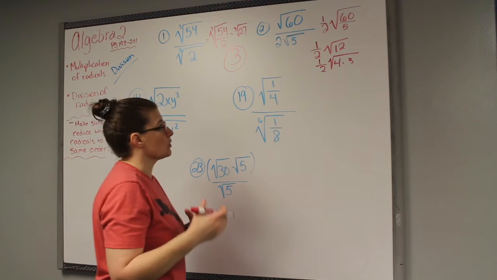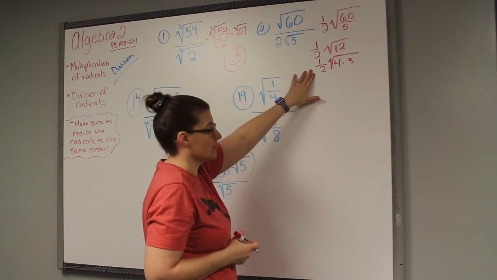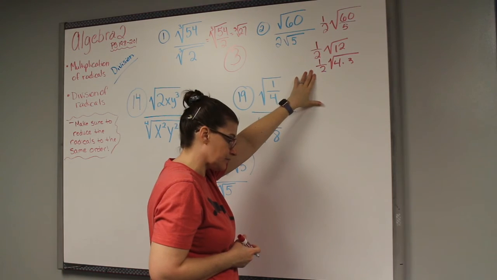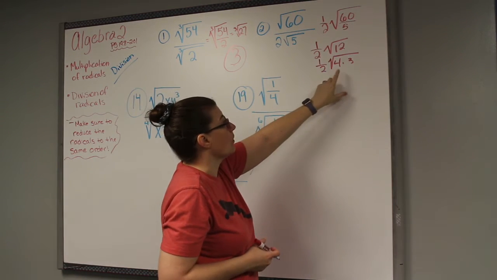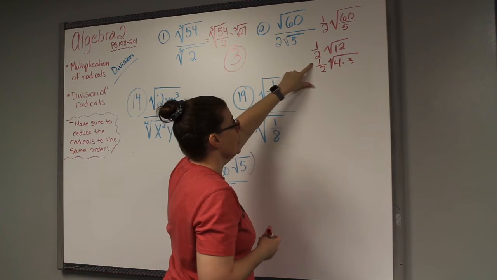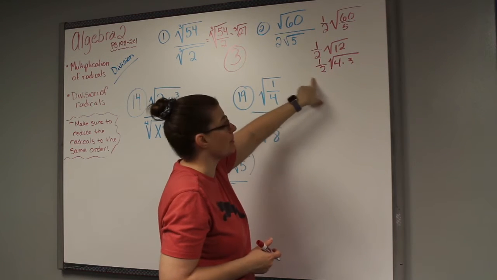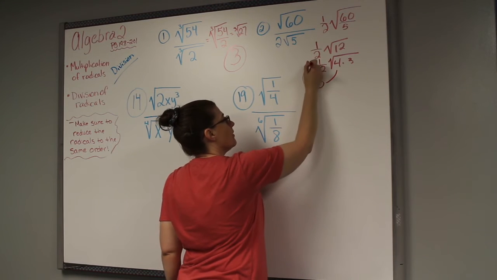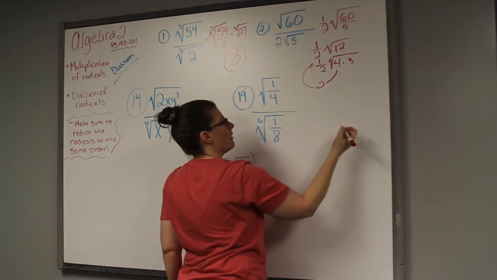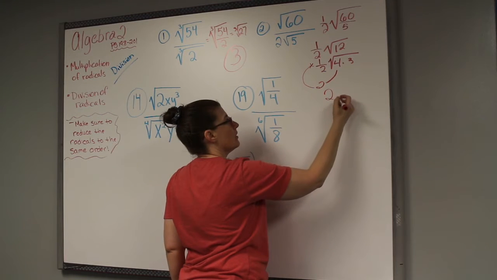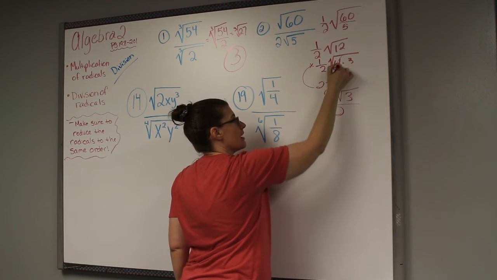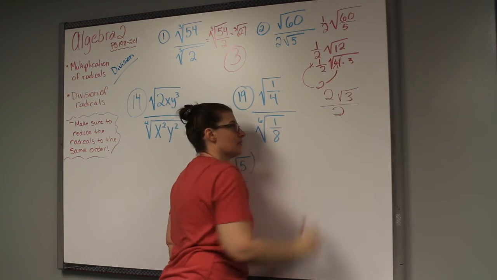Well, when I bring that square root of 4, it comes out here and it gets multiplied. Okay, so square root of 4 is 2, and because this was on the top, I need to multiply it by the top. So I bring a 2 out and multiply it there. So I have 2 radical 3 over 2. Because I used that, this is left in the radical.